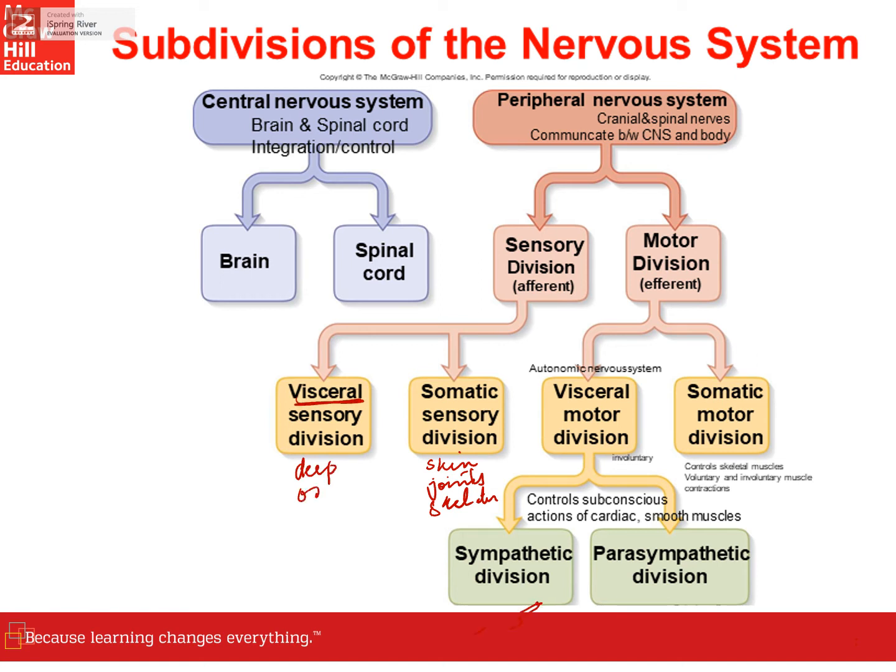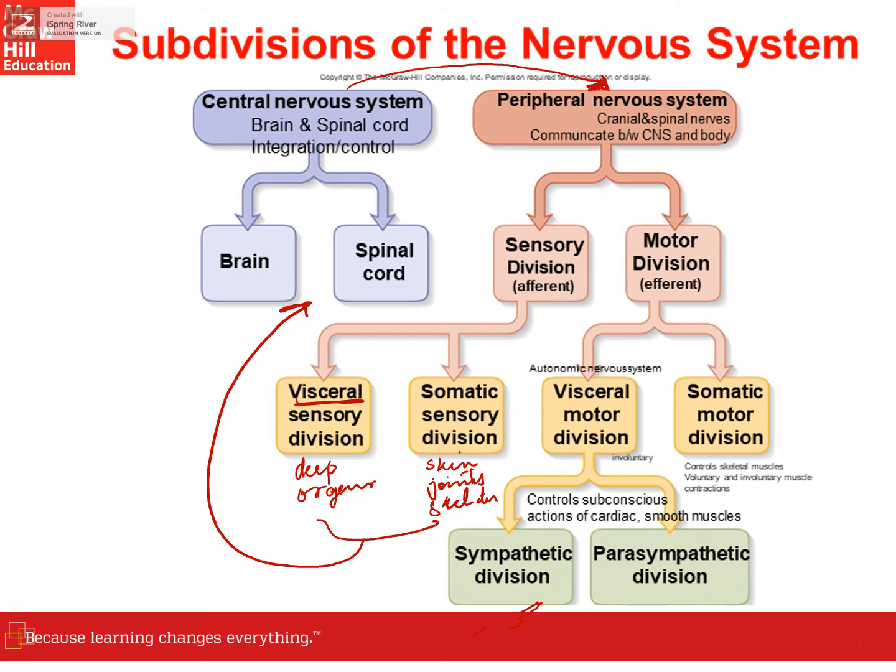So deep organ structures. Both of these divisions are going to transmit information to the central nervous system, either the brain or the spinal cord. And this is where information is integrated, and then the central nervous system is again going to send a message to the peripheral nervous system to perform the actual action in the end.